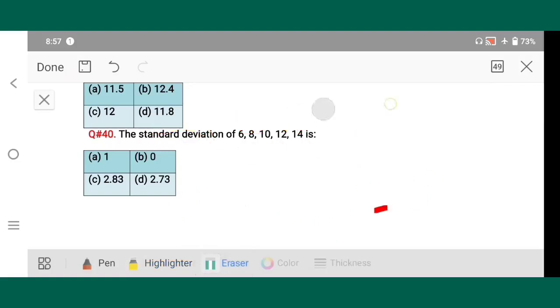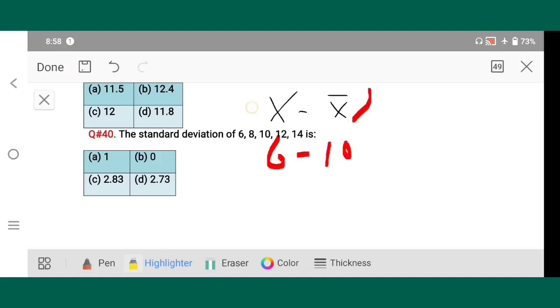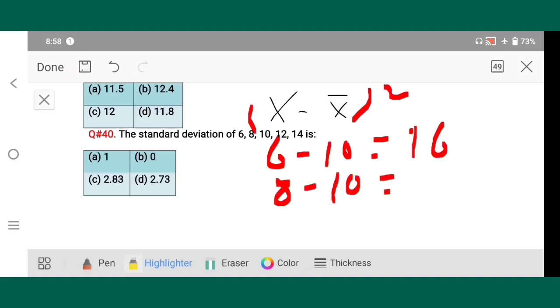And then x minus x bar. So 6 minus 10, directly square, gives 16. 8 minus 10 gives minus 2, square gives 4. 10 minus 10 gives 0.